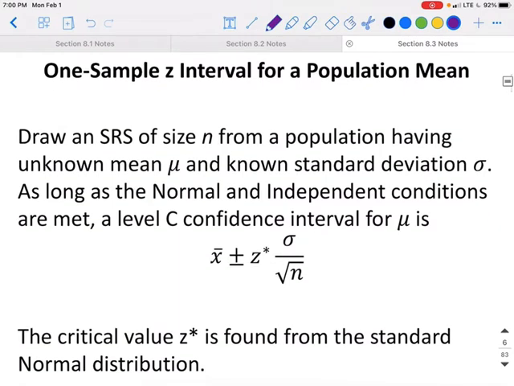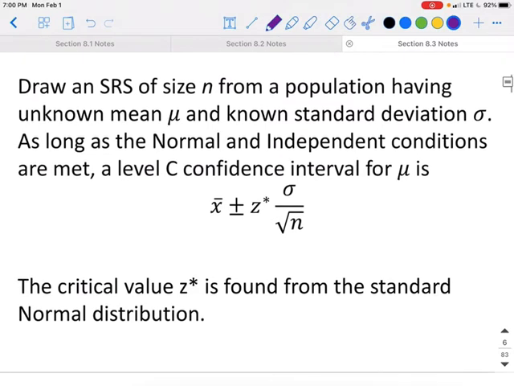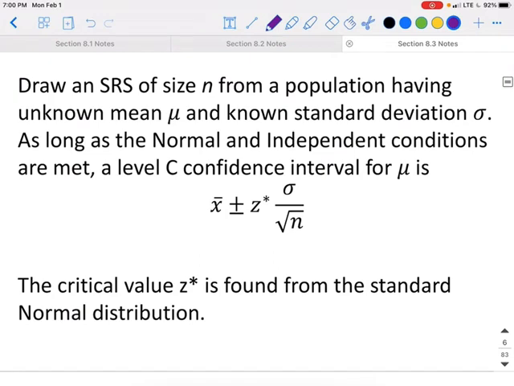So, on a one sample z interval for a population mean, if you draw any simple random sample of size n from a population having a known mean and a known standard deviation, as long as it's normal and independent, then we can use this confidence interval C as shown, which is x bar plus or minus the z star times the standard deviation of the population divided by the square root of the sample size. The critical value z star is found from the standard normal distribution.